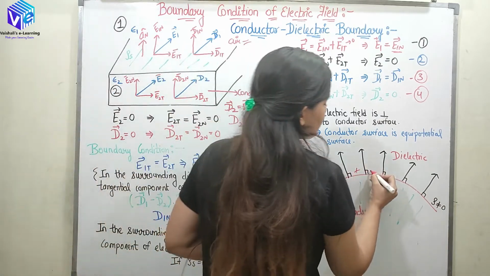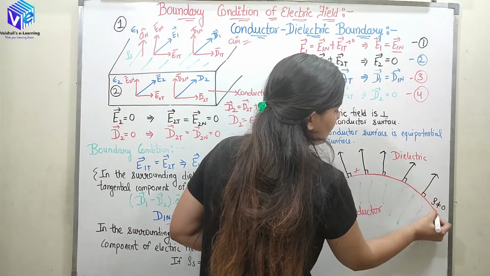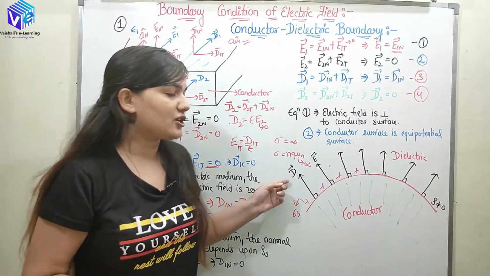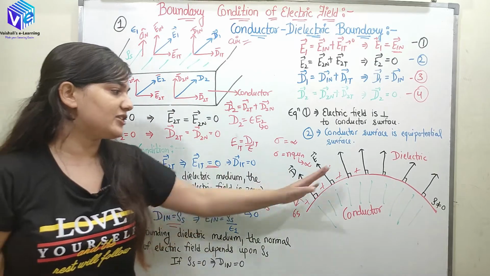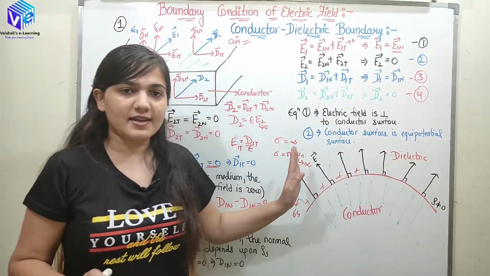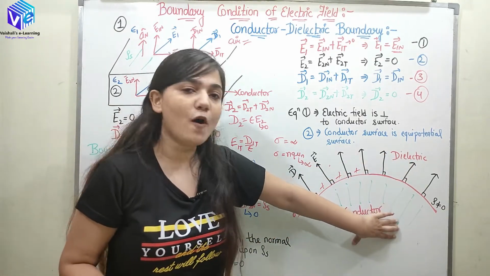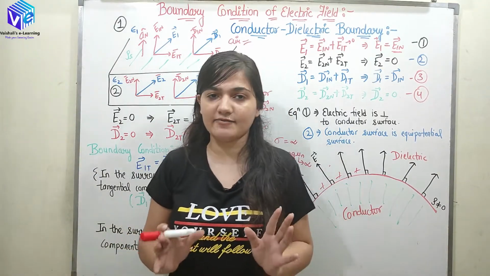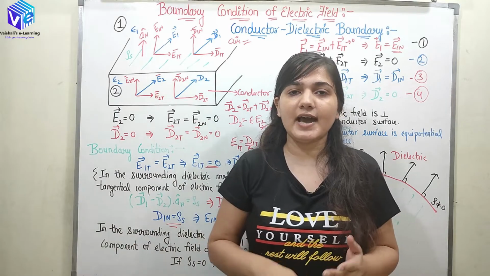So the surface of the conductor is equipotential, and we have the normal electric field intensity and electric flux density present. We don't have any tangential component in the surrounding medium, and we don't have any component inside the conductor. This was all of the analysis that we have done in the case of the conductor dielectric boundary.